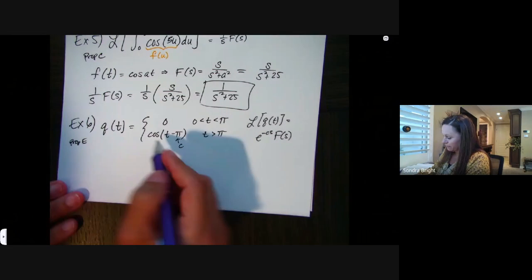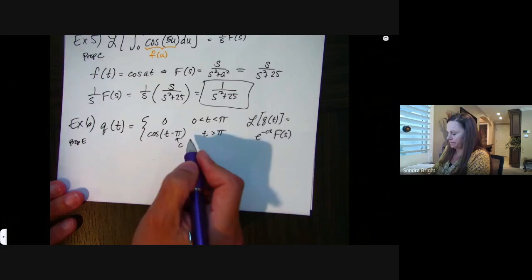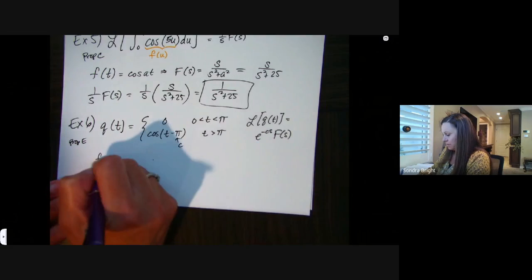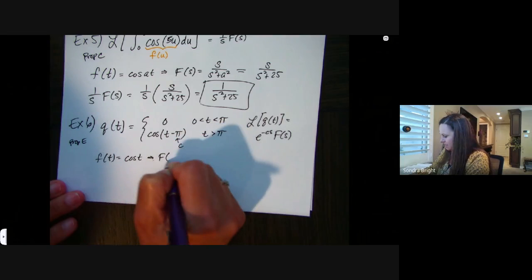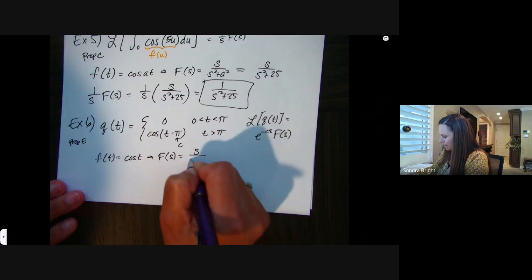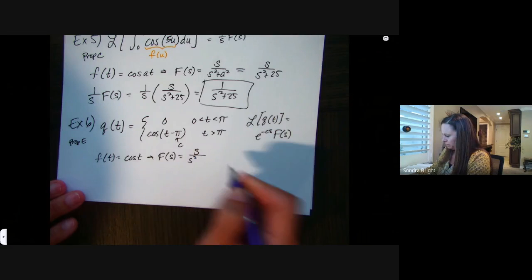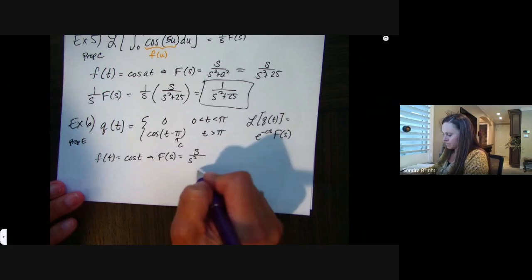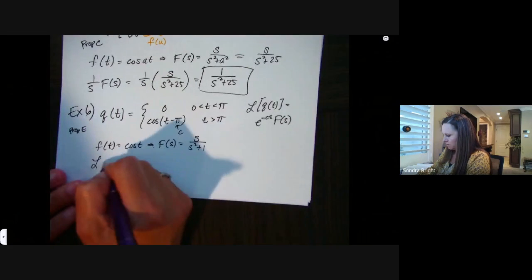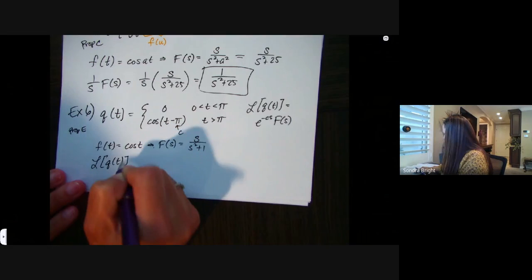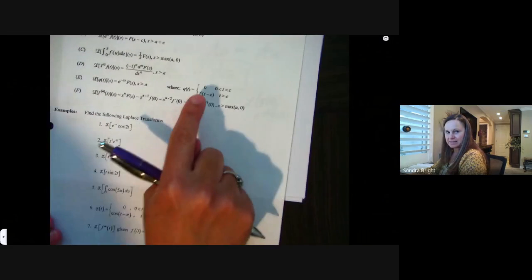Do you remember, if it's cosine of t, then big F of s is s over s squared plus 1. Keep in mind you've got t minus c here, but it ends up being just big F of s there.